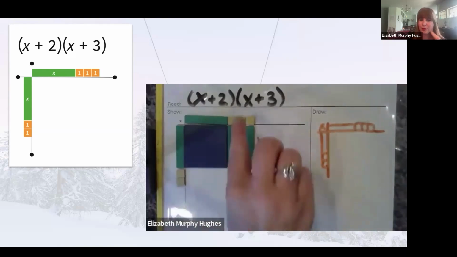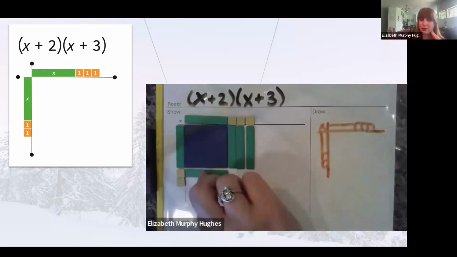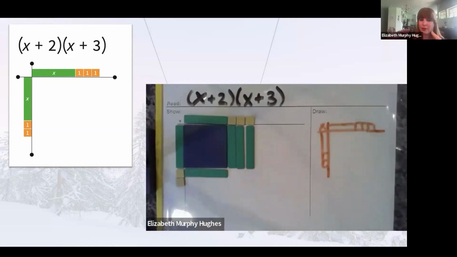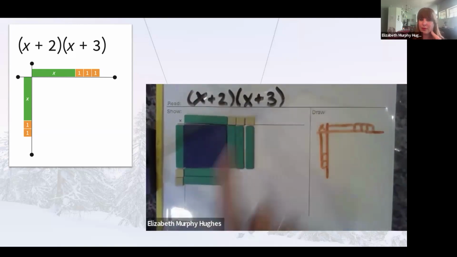So here we have 1 times x equals x, 1 times x equals x, and then we have 2 times 3, or the way that we have the pictures here, 1 times 1 equals 1, 1 times 1 equals 1, and then we do that 6 times.